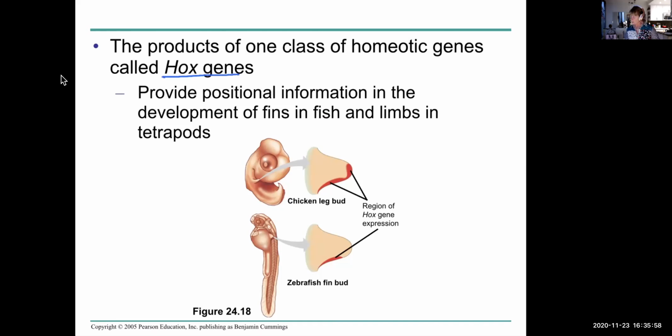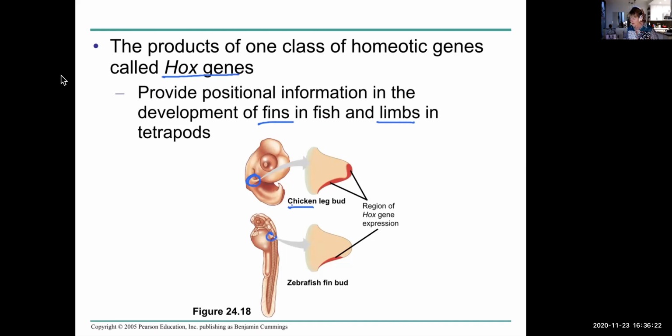That provides positional information on the development of fins in fish and limbs in tetrapods. So here's a tetrapod, a chicken leg bud. The expression of that Hox gene occurs at that particular place in the body of the developing chicken embryo.